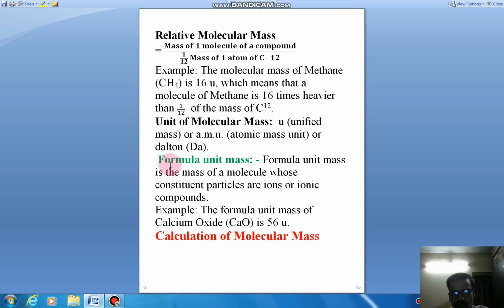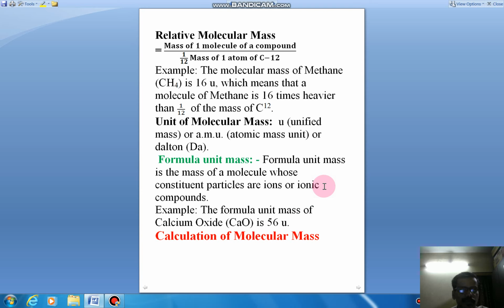Now let us see what we mean by formula unit mass. Formula unit mass is nothing but a molecular mass whose constituent particles are ions, as in ionic compounds. Example, the formula unit mass of calcium oxide is 56 U. You will study more about formula unit mass in the higher class.